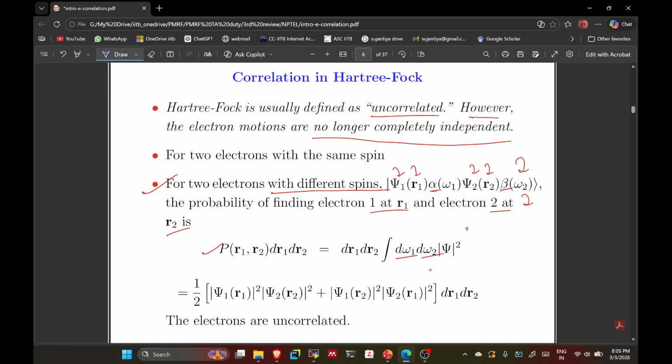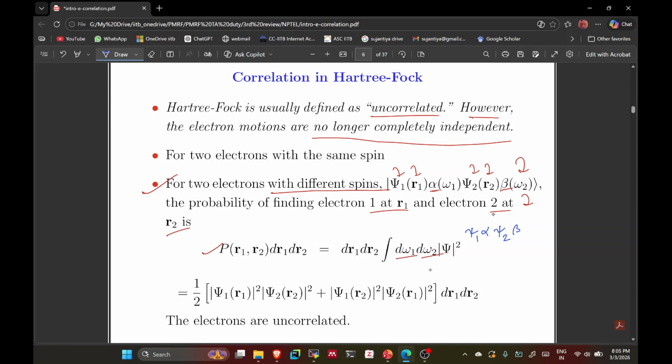So you have psi 1 alpha and you have psi 2 beta.